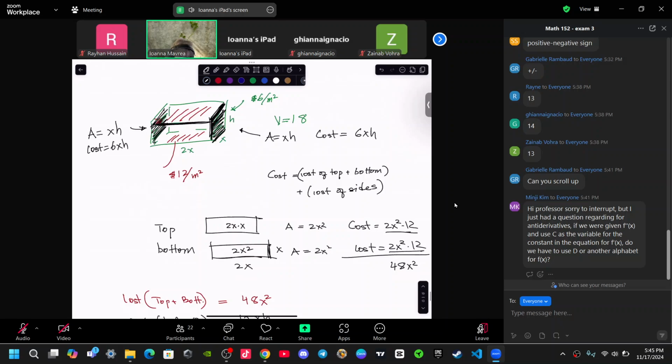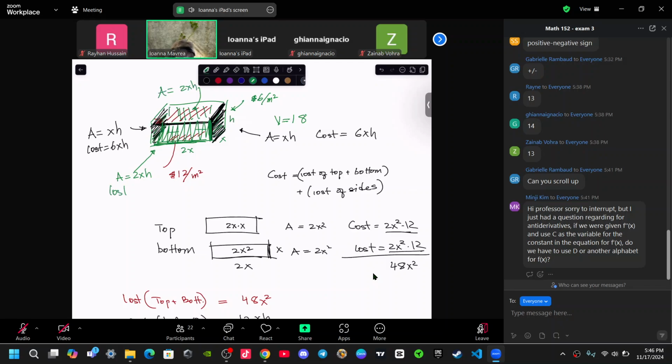And now we're going to do the 2 other sides, the front and the back. I'm not going to shade the back. It's already a disaster. So the front has base 2x and height h. So the area is 2xh. The back is the same. Back there is 2xh area.